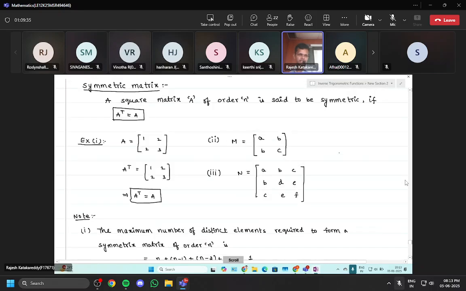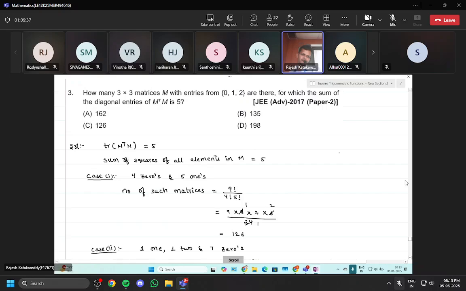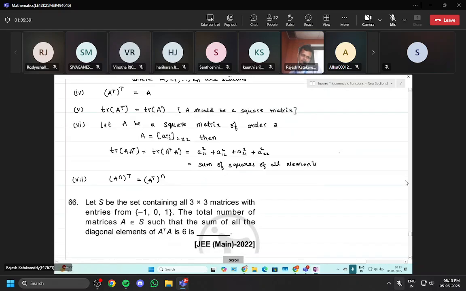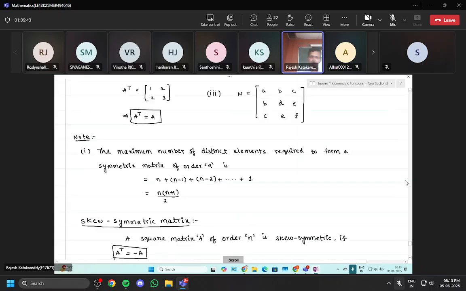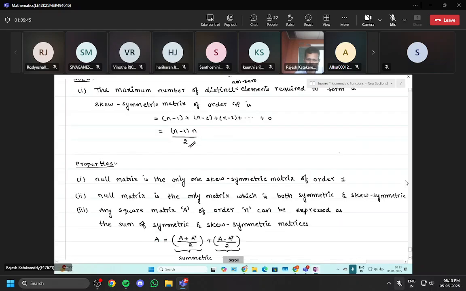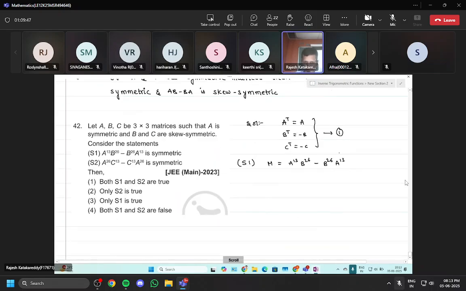Transpose of AB? No, I didn't give it. Add here: AB whole transpose is equal to B transpose into A transpose.